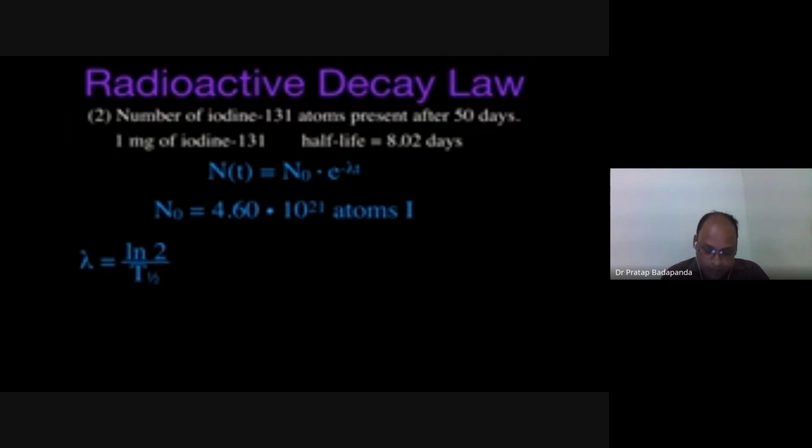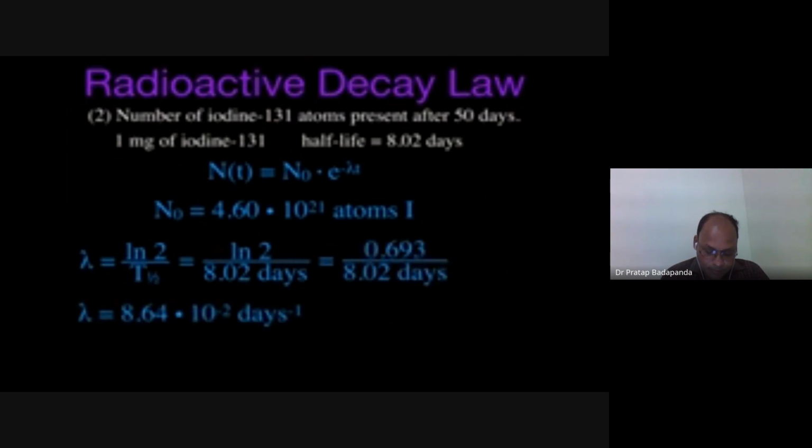Now the half-life was given to us as 8.02 days. So we're just going to take the natural log of 2, which I believe is 0.693, divide that by 8.02, and we get that the decay constant for iodine 131 is 8.64 times 10 to the minus 2.